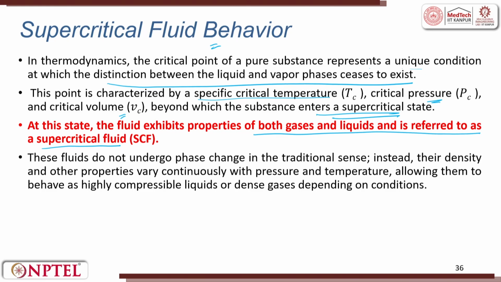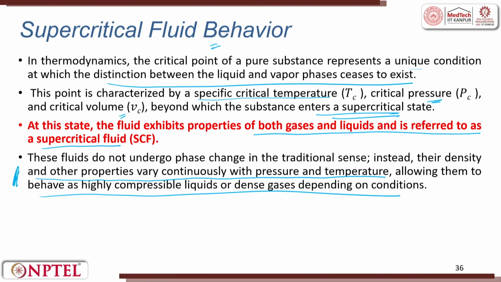These fluids do not undergo phase change in the traditional sense. Instead, their density and other properties vary continuously with pressure and temperature, allowing them to behave like a highly compressed liquid or a dense gas depending on the condition. So, this is very important, the supercritical fluid.